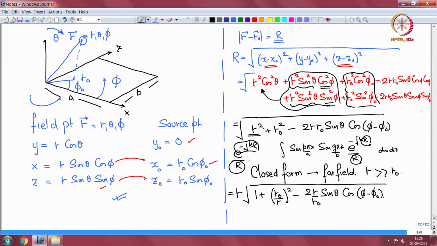And r0 by r is much less than 1. So this carries one level of smallness and this carries the square level of smallness, so we will drop this term.